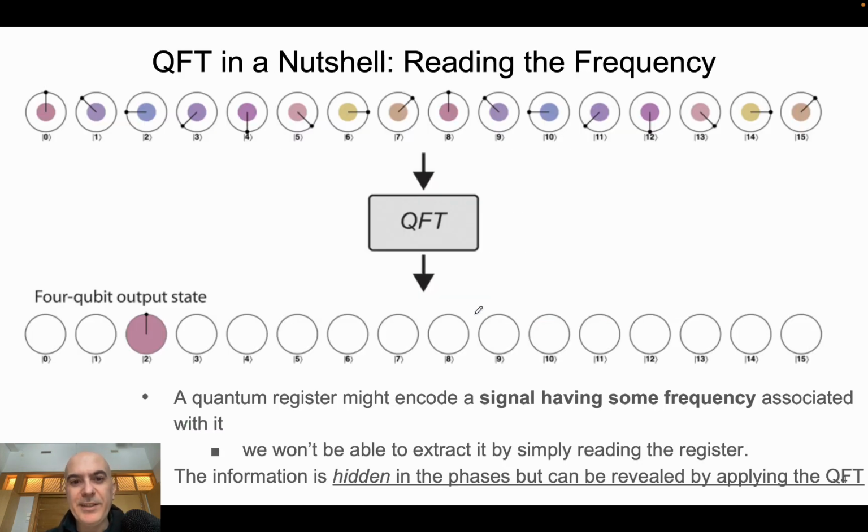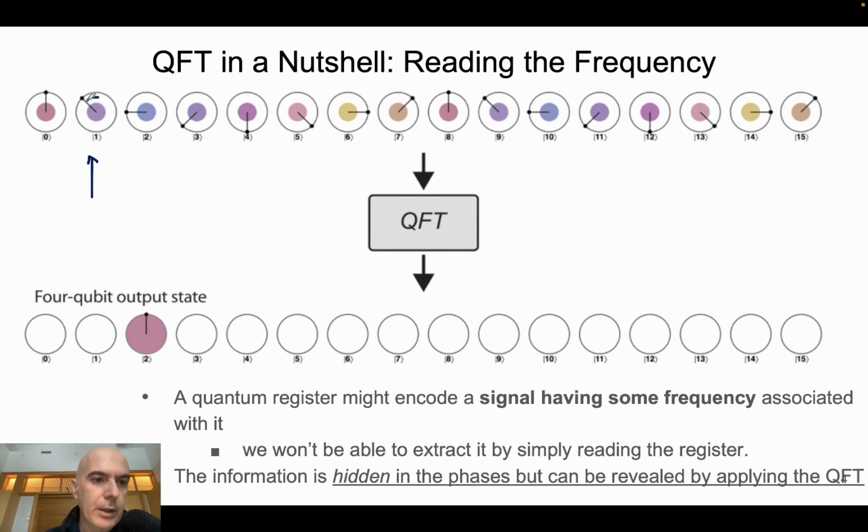This slide is probably the most important slide of this lecture because it's giving you a very intuitive way to understand how QFT operates. On the top, we have our circular notation using a multi-qubit system. You have 16 states, and then you see that we have a signal that is encoded in the relative phase.